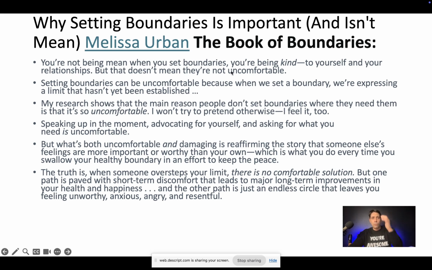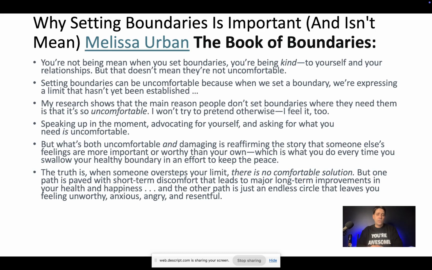You're not being mean when you set boundaries. You're being kind to yourself and your relationships. But that doesn't mean they're not uncomfortable. Setting boundaries can be uncomfortable because when we set a boundary, we're expressing a limit that hasn't yet been established.